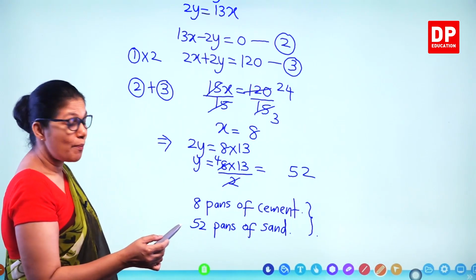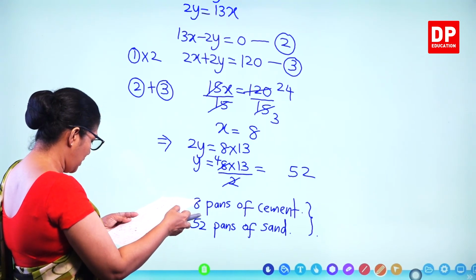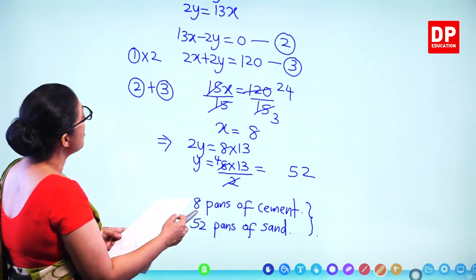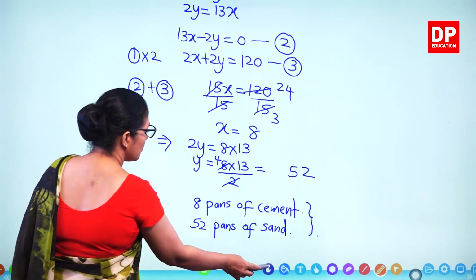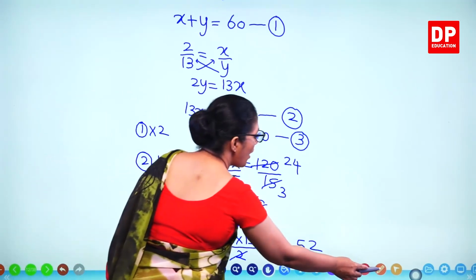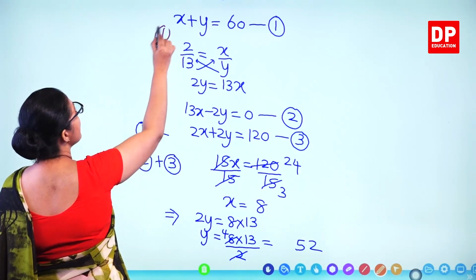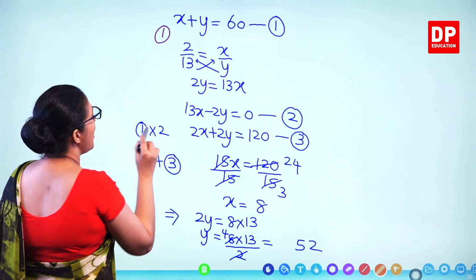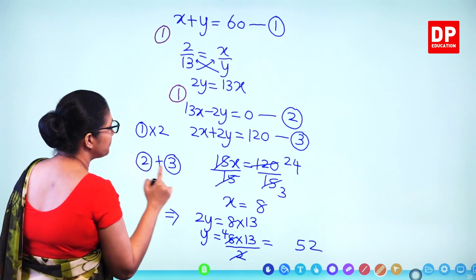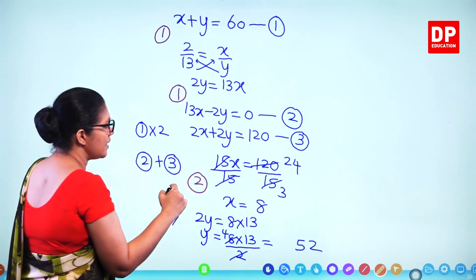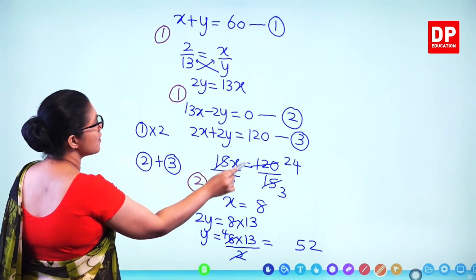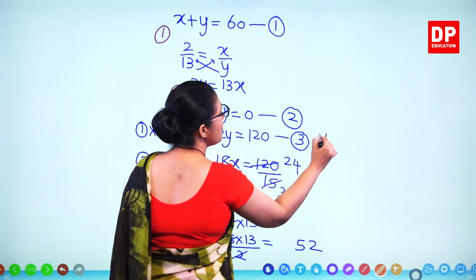So let's see how many marks for this question. So you are getting 7 marks for that. So how do you get 7 marks? 1 mark for x plus y equals 60 and 1 mark for this equation, and then 2 marks for finding x, and for addition we'll give 1 mark.